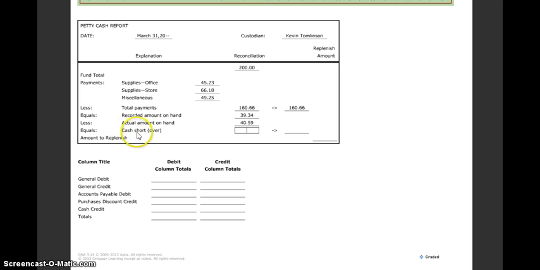So over here, cash short would be a positive number, and cash over is going to be a negative number. Because what we should have on hand is $39.34, and what we really have on hand is $40.59. So we have more than we should have. When it's an over, it's going to be in parentheses, and that amount comes to parenthesis 1.25.